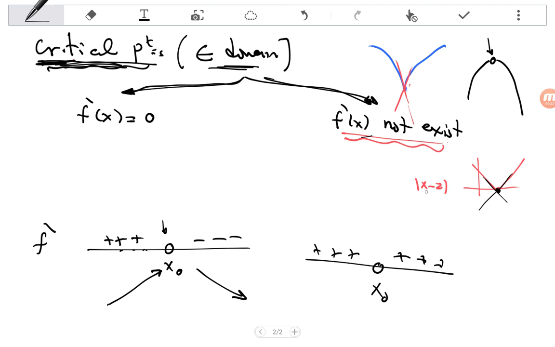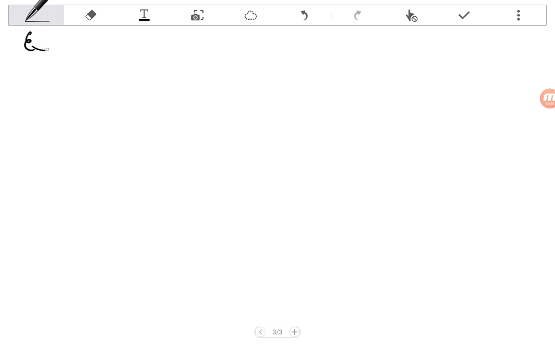So at x equals 2 the derivative does not exist, and at the same time the point x equals 2 belongs to the domain. So this point is considered to be a critical point, and it is obvious that it is a local minimum. This is one of the known cases that satisfy this condition, which is the absolute value. Okay, so let's check an example.